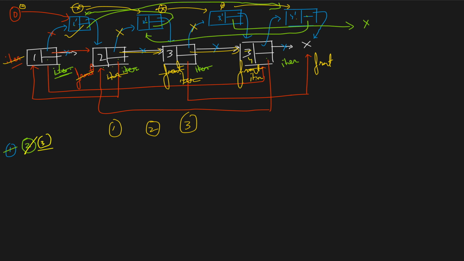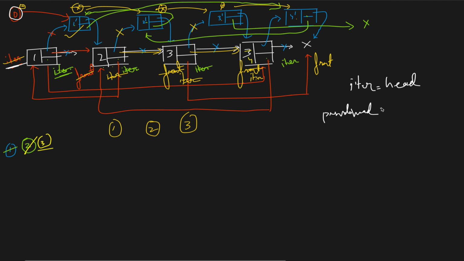So the code for the step 3, where we differentiate the original list as well as the deep copy list will look something like this. Initially, we start with this iter, where we point this iter to head, because if you remember, iter was initially pointing to the head. And after that, we create a dummy node, and this dummy node can be called a pseudo head.